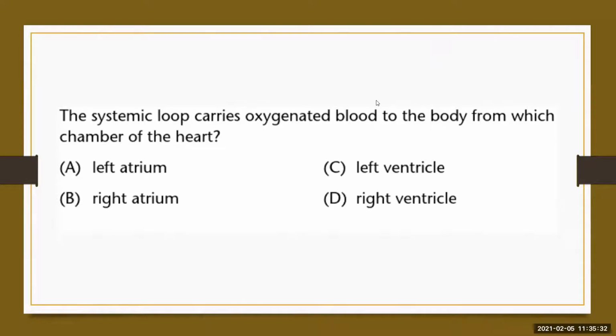Yep, that's right. Left ventricle. So again, the right ventricle pumps deoxygenated blood to the lungs, while the left ventricle pumps oxygenated blood back into the body. And then the atriums are kind of just the ones that hold blood while the ventricles are pumping.